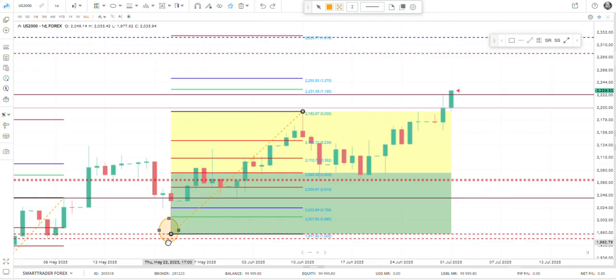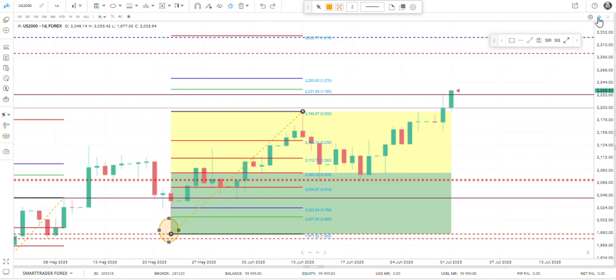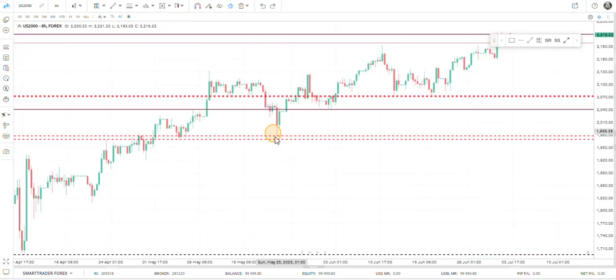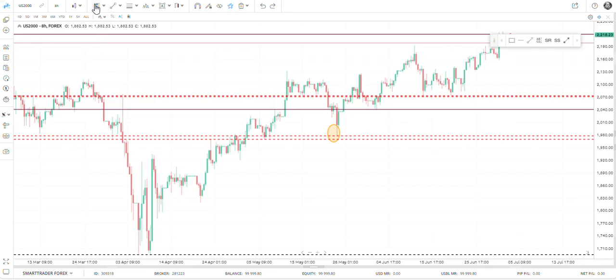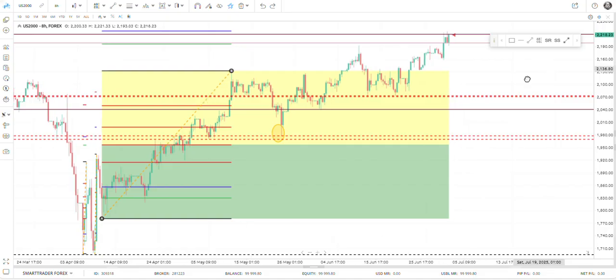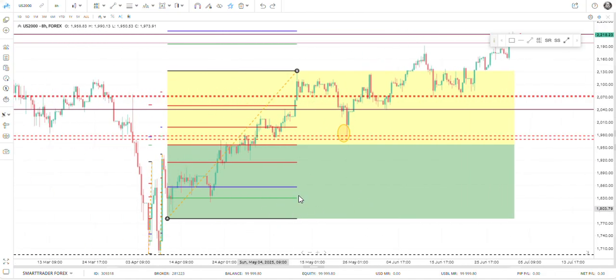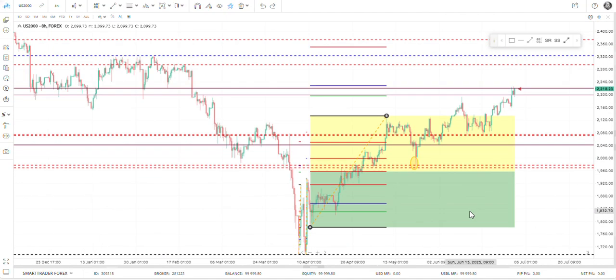All right, let's do the 8 hour. So we're going to move down to the 8 hour. I'm going to start it from here just to make sure. This is what the fib gave, but I wanted to go a little lower so we can really capture the low.